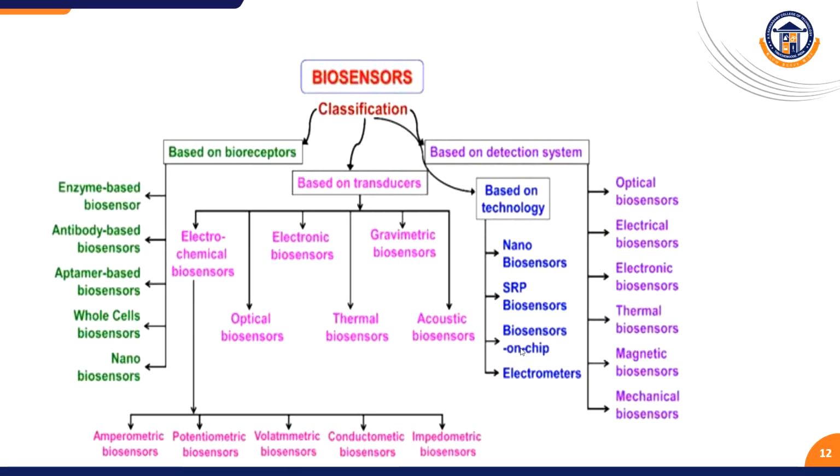Biosensors are widely used in healthcare as well as the food and beverage and pharmaceutical industries. Based on the bioreceptor, the transducer, and the detection system, we classify them into different categories: enzyme-based biosensor, antibody-based biosensor.